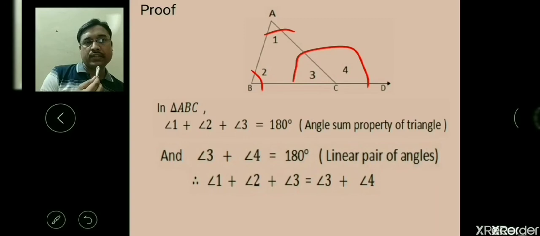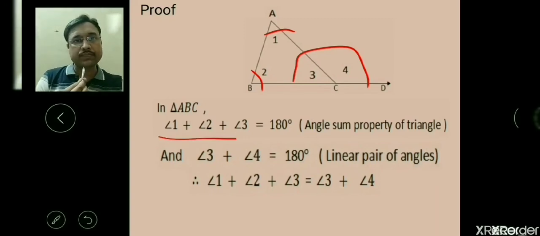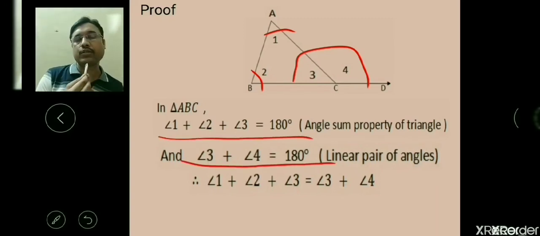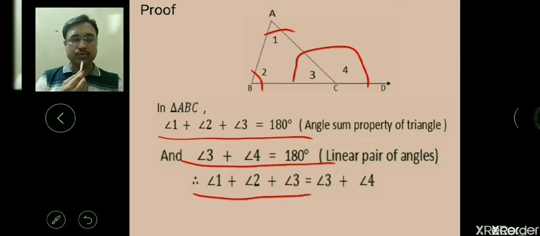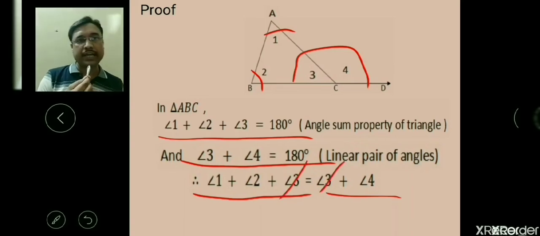Angle 1 plus angle 2 plus angle 3 is 180, and angle 3 plus angle 4 is also 180. So we can equate the left-hand sides of both equations: angle 1 plus angle 2 plus angle 3 equals angle 3 plus angle 4. Now angle 3 is on both sides, so we can cancel it.